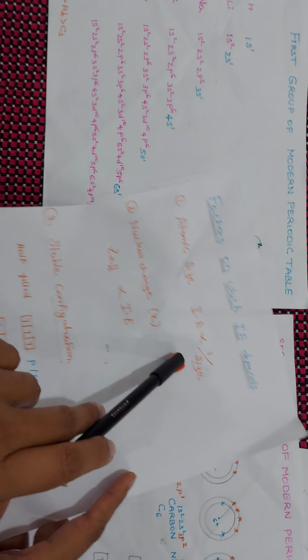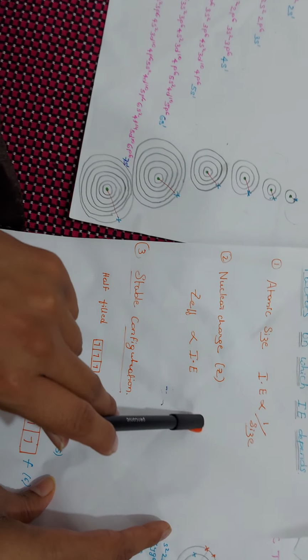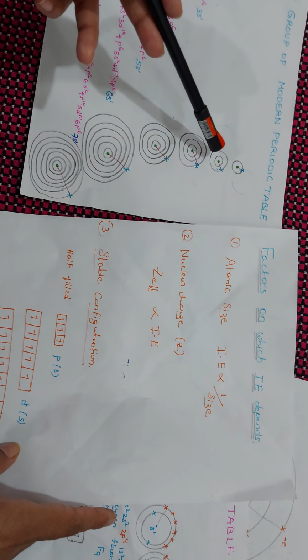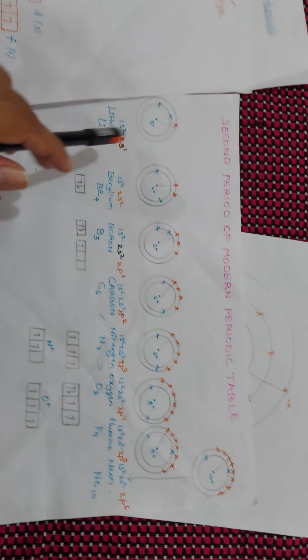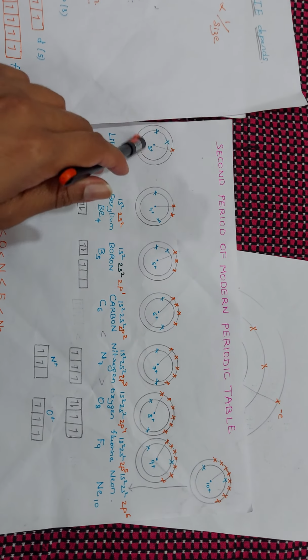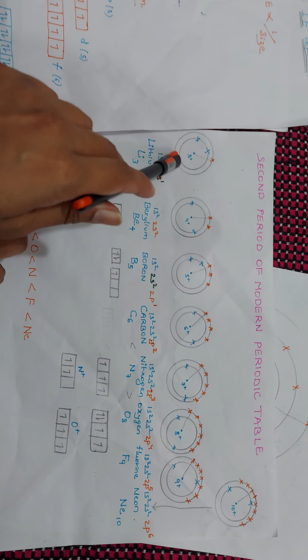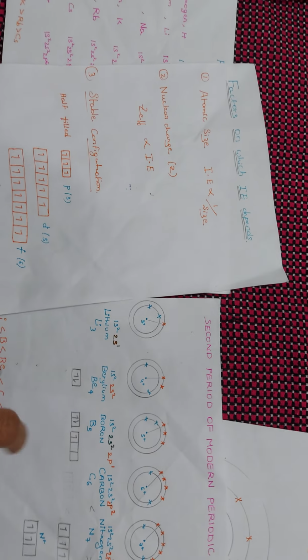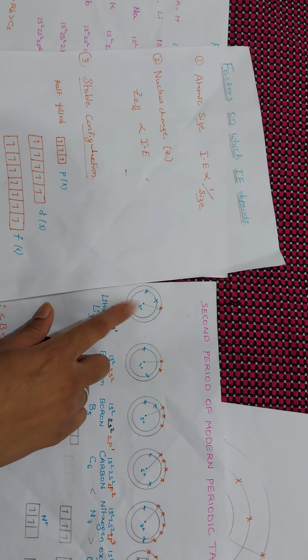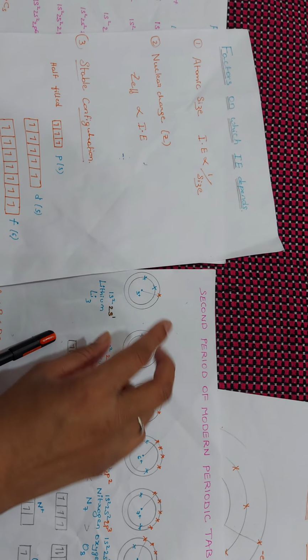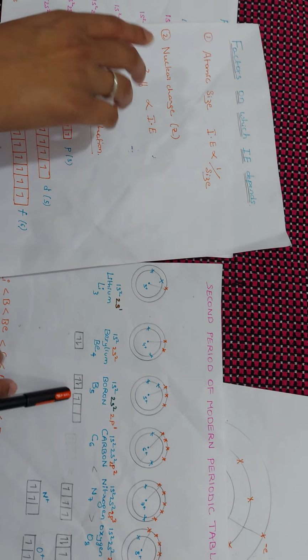As atomic size and ionization energy are inversely proportional, the ionization energy of elements is decreasing as we go down the group. But for periods, as we go from left to right, the nuclear charge is varying. The effective nuclear charge is increasing, so the attraction strength is increasing. Ionization energy is also increasing.